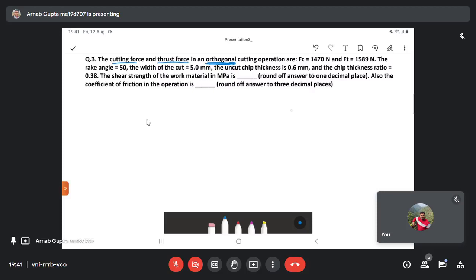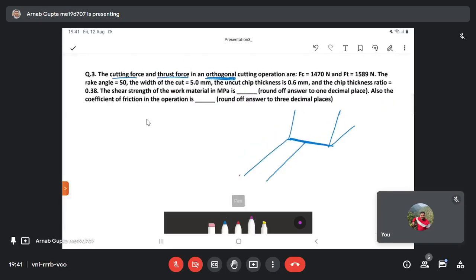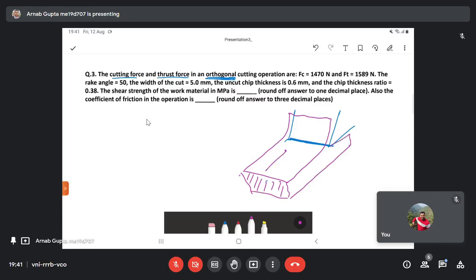So say this is your tool. This is the cutting edge of the tool, and this is the workpiece. This is the cutting velocity VC.